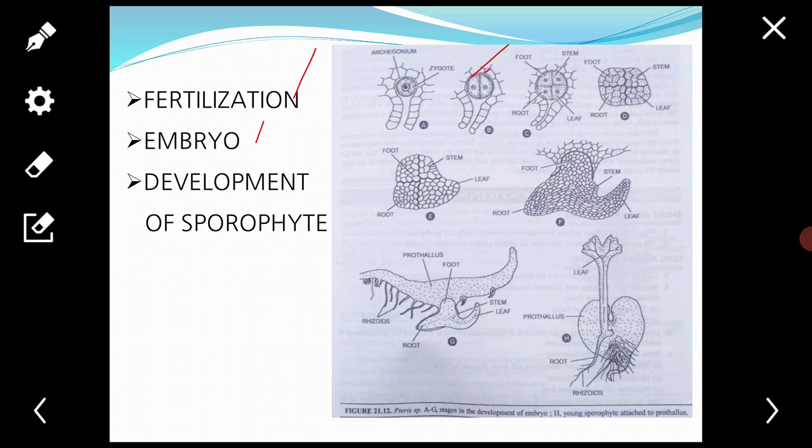The next division occurs by the formation of a median wall at right angles to the first division wall, resulting in a four-celled quadrant stage.